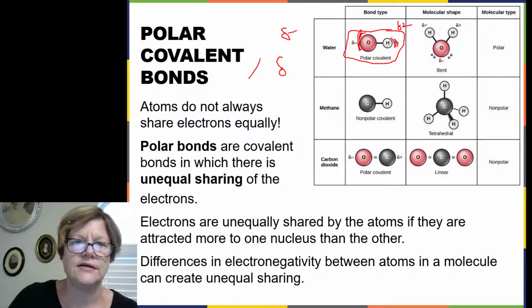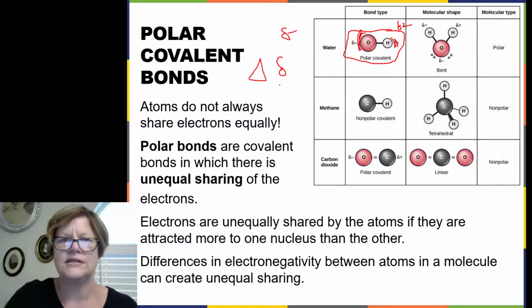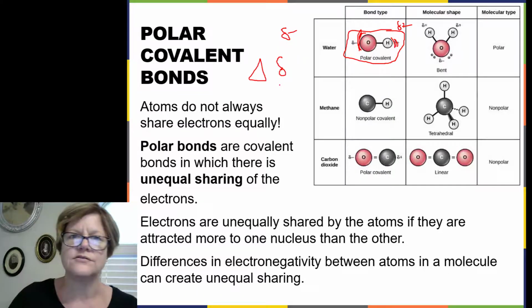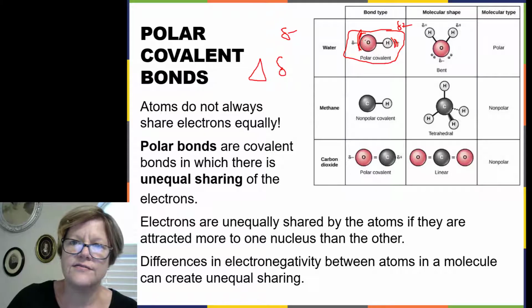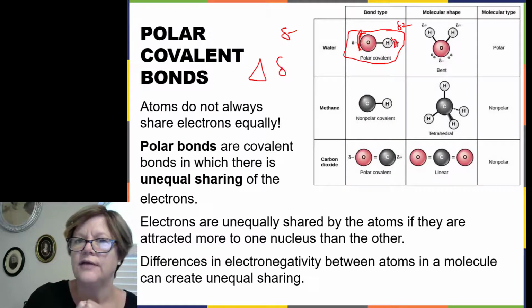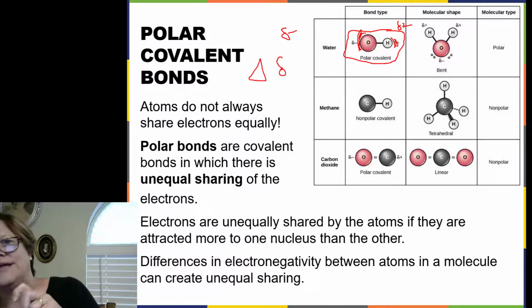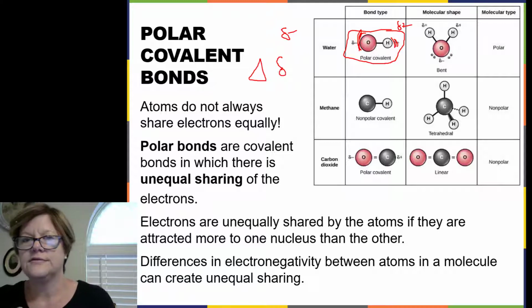The uppercase delta looks like a triangle. The lowercase delta looks almost like a lowercase letter d, or kind of an S that hooks all the way around. But in any case, partial negative charge on the side of the molecule where the really electronegative atom is, and the less electronegative atom would be partial positive.